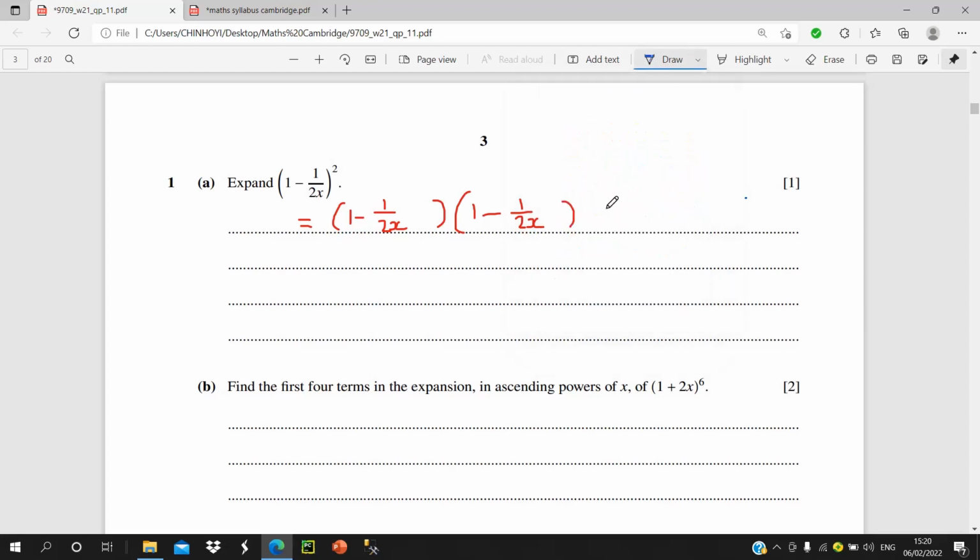I think you know this one. 1 is going to multiply the whole: 1 times 1, we are going to get 1. Then that same 1 is going to multiply with minus 1 over 2x. You get minus 1 over 2x.